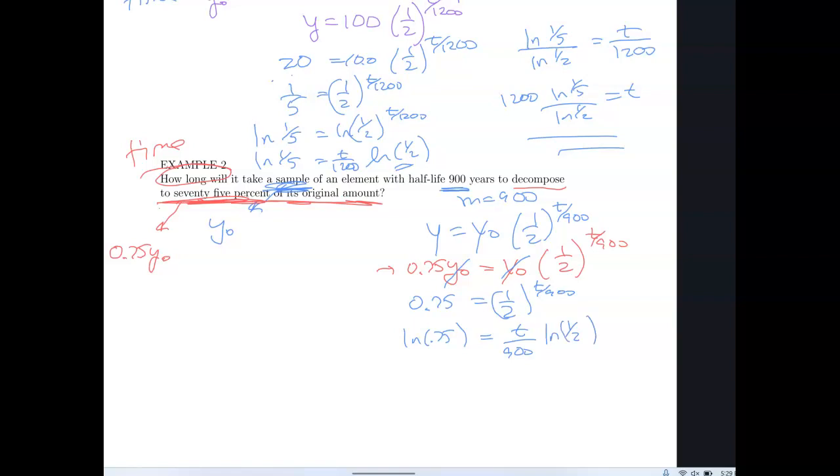So I did 2 steps in one there. So then I'm going to divide through by the ln of 1/2. And then I'm going to multiply by the 900. So I get t is equal to 900 ln of 0.75 over ln of 1/2.